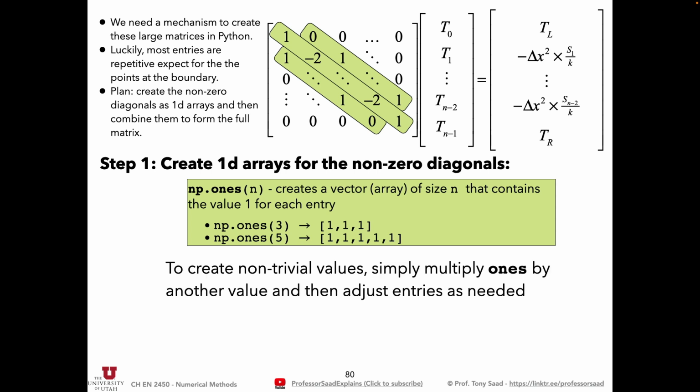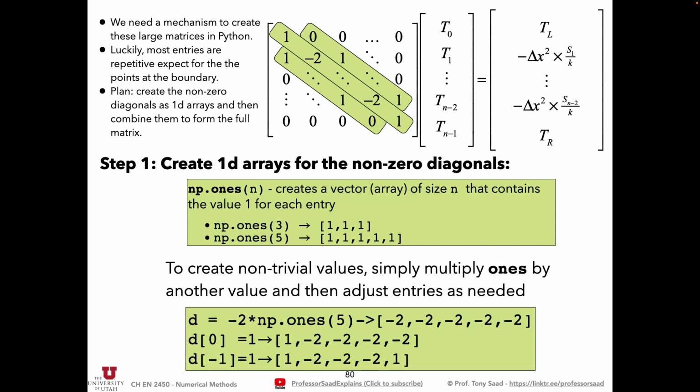Now, to create non-trivial values, like -2, how do I do the -2 in the middle? Simply do -2 times np.ones. So my main diagonal is D, -2 times np.ones of whatever size, which gives me -2 everywhere. Very simple. Now, how do you fix the endpoints, the first and last entries?